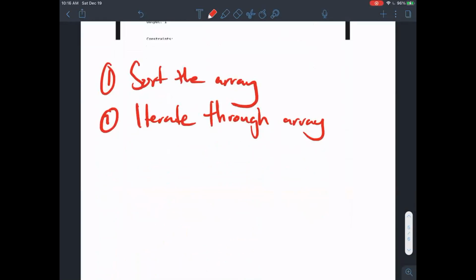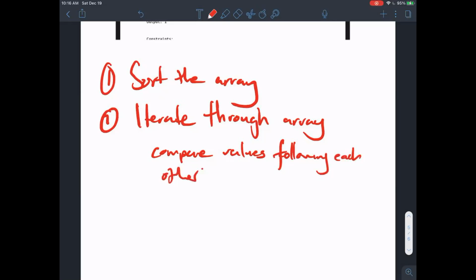Then compare the two values following each other.